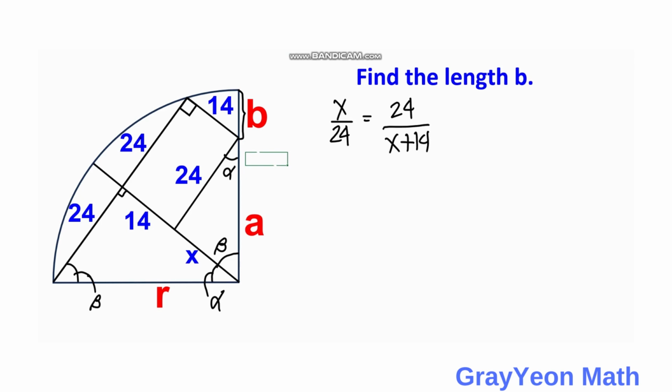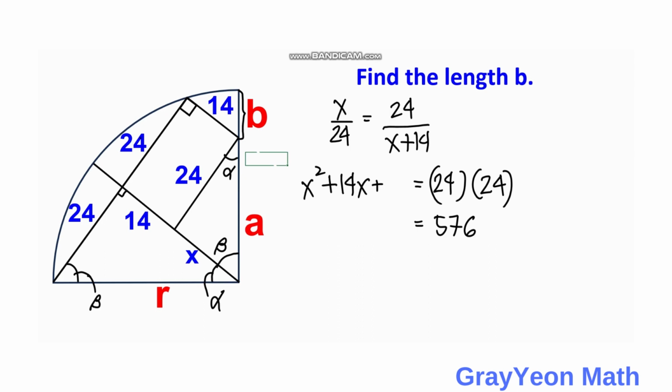Then if we cross multiply, we have x squared plus 14x is equal to 24 times 24, then this becomes 576. And if we use completing the square, then this becomes 14 divided by 2 is 7, times 7, that would be 49.